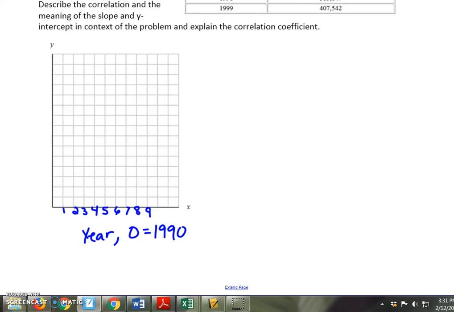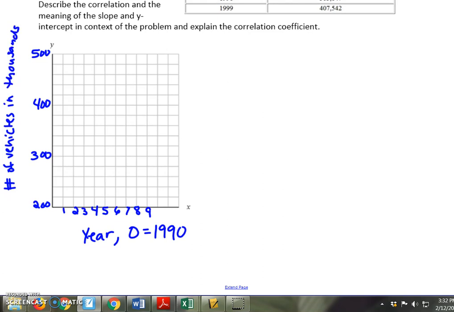Then we're going to label our y-axis, and I'm going to start here at 200. Then 220, 240, 260, 280, 300, 320, 340, 360, 380, 400, 420, 440, 460, 480, and then 500. And this is the number of vehicles in thousands.